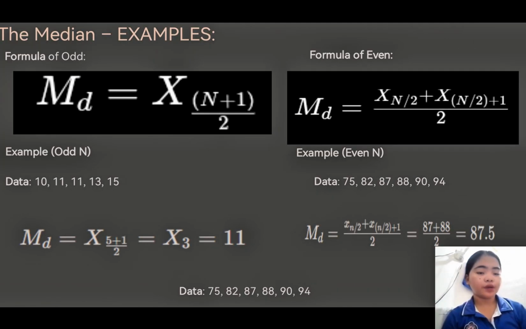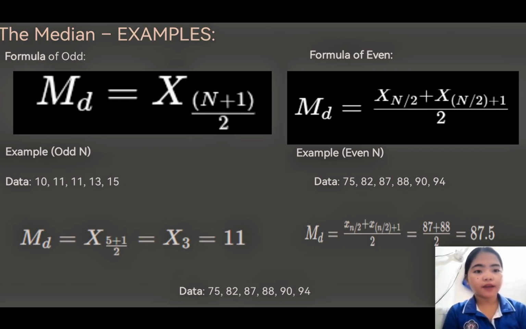We have two examples there, odd and even. First, we're going to focus on odd. The formula for odd is MD equals x open parenthesis n plus 1 close parenthesis divided by 2. In the data we have 10, 11, 11, 13, and 15.